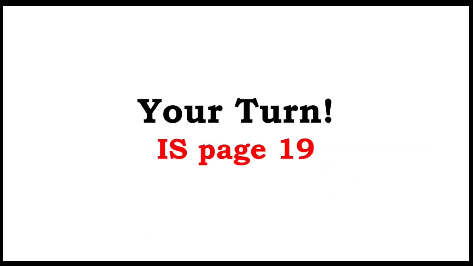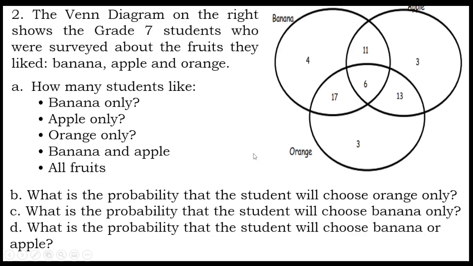Next. Your turn. You will be answering instructional support page 19, number 2. So, the Venn diagram on the right shows the grade 7 students who were surveyed about the fruits they like. Banana, apple, and orange. You have to find how many students like banana only. Take note of the word only. Apple only.